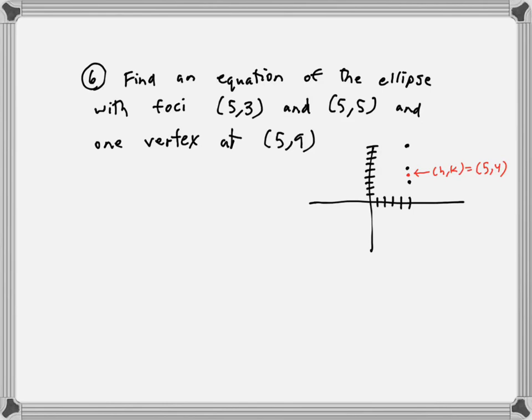So if this first guy was the focus, this means that c is 1, and what about that guy? That's a. That tells us that a is, how many spaces is that? Let's count. We're going from 4 to 9, and so that would be 5 spaces. So a is equal to 5.